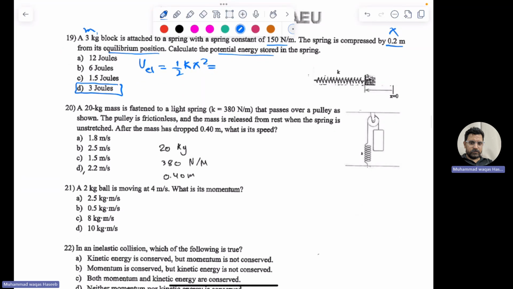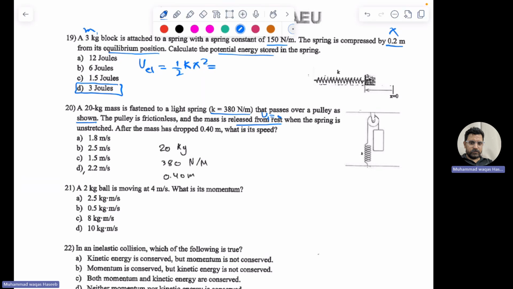Next is an important question. A 20 kilogram mass is fastened to a light spring, this is the spring constant, and passes over the pulley as shown in the figure. The pulley is frictionless and the mass is released from rest. Rest means initial speed is 0.